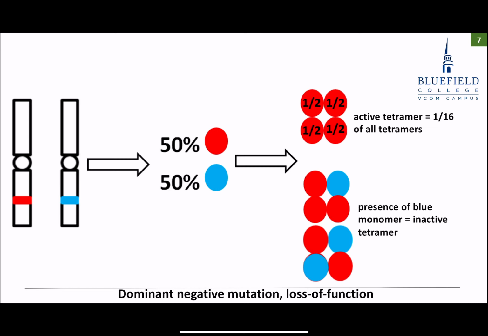So again, because only a small fraction of all these tetramers are functional, it's not enough to support the function, and that's why it's dominant negative mutation. And negative means that it's loss of function, versus the previous slide that emphasized gain of function.